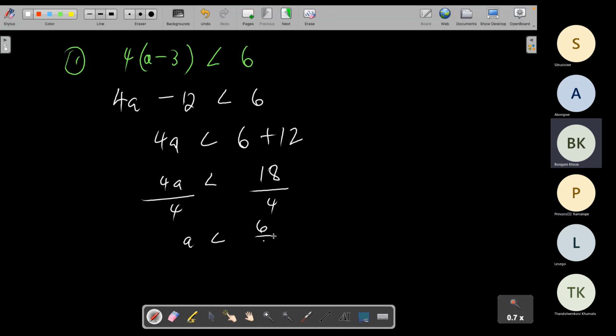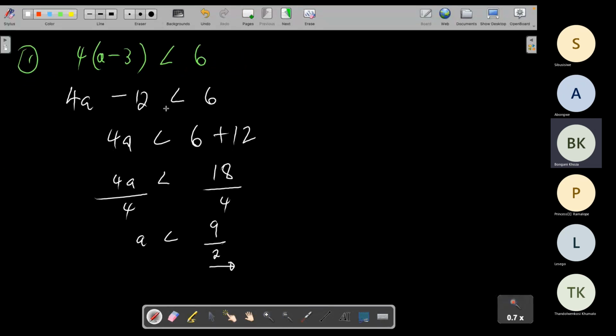What's this? 9 over 2. Yes, it's 9 over 2, like that. Okay, and then what was the second one? Any questions on this one?